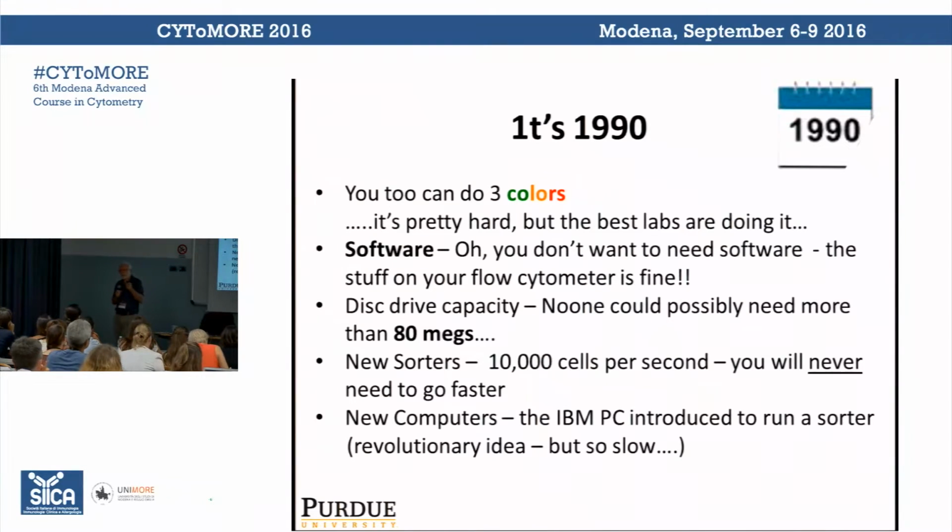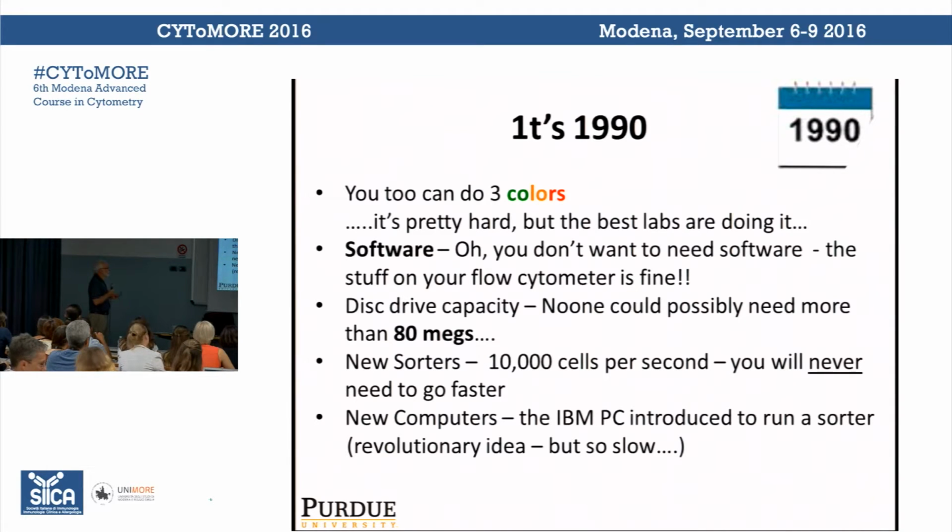So I take us back to 1990, which I did a couple of days ago, and just try to get in your minds that you had a very limited capacity in flow cytometry.